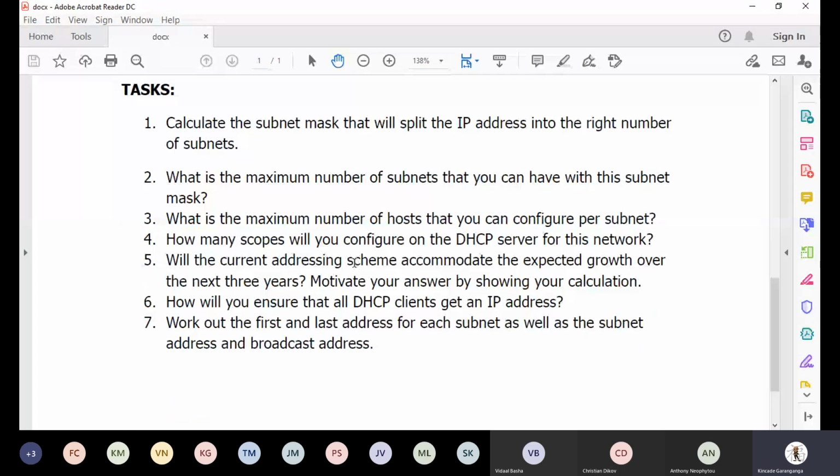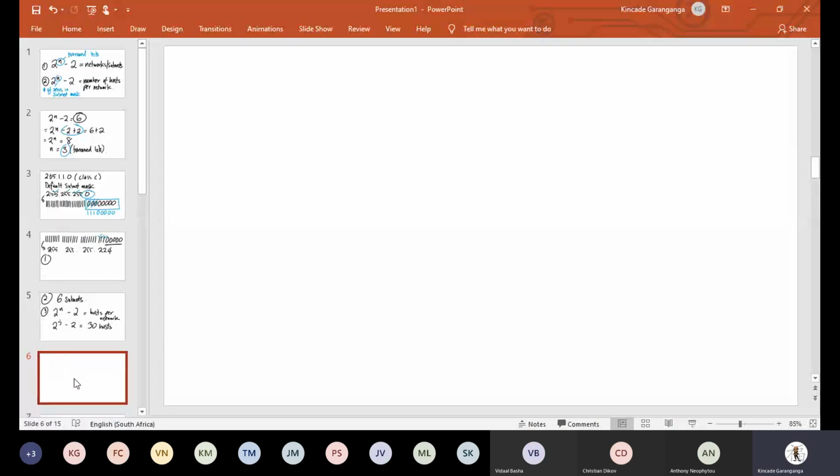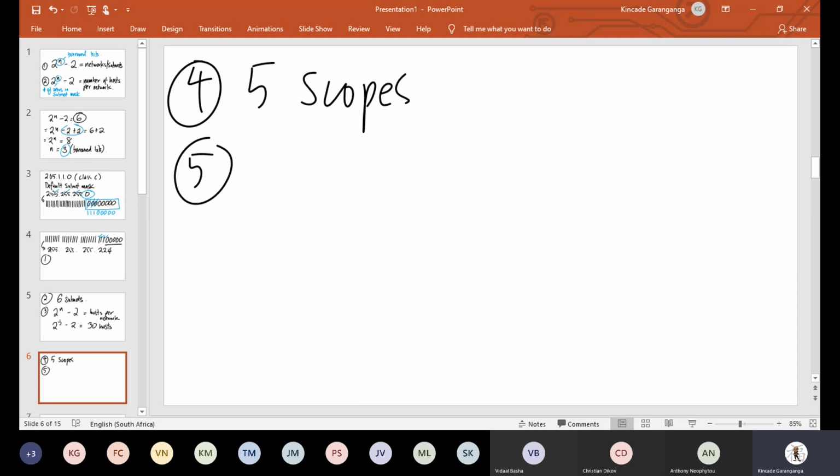So ultimately, if you can go back to our slides here, let's see if we can understand what is necessary and relevant. If you look at this particular setup, we've already mentioned that for number 4 we're looking at 5 scopes. And then for the 5th one, we now want to look at that 25% growth.